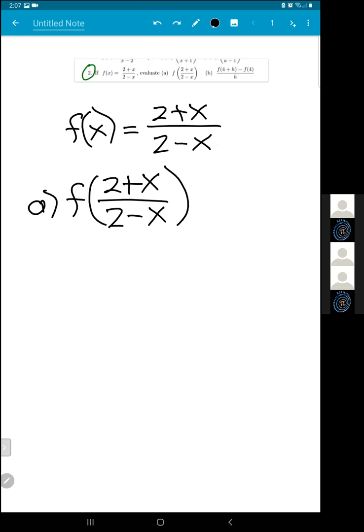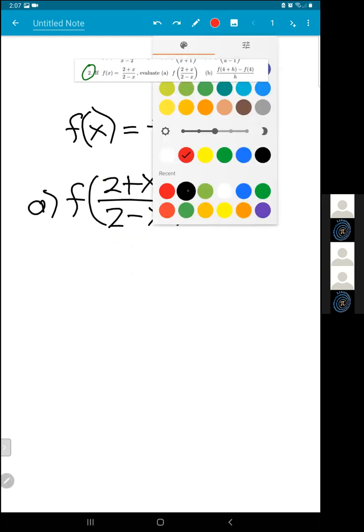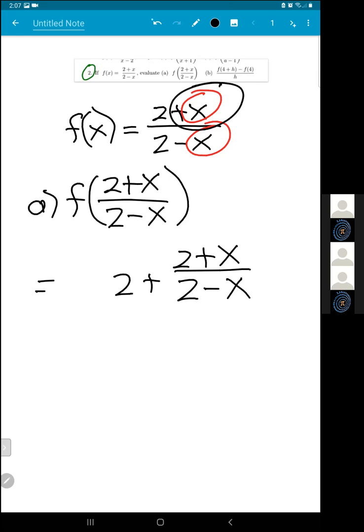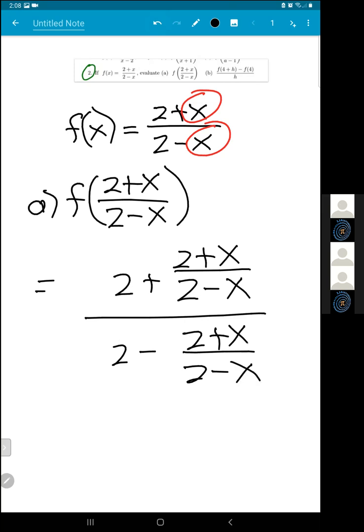So we will have 2 plus (2 plus x over 2 minus x) over 2 minus (2 plus x over 2 minus x).